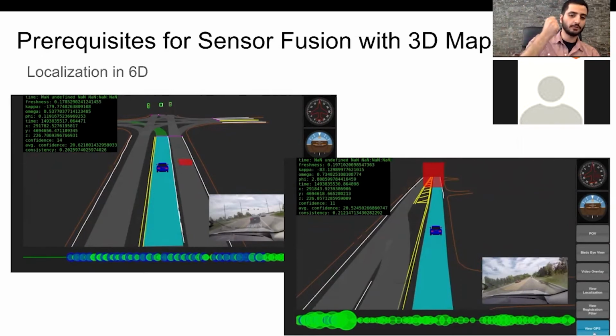So even if you're in the correct lane, if you're above the vehicle, you will not be able to project the map into the field of view of your sensors because your angles are going to be off. And that is necessary. So it's not only important to get X, Y, and Z correctly, but we also have to get omega, phi, and kappa as well.